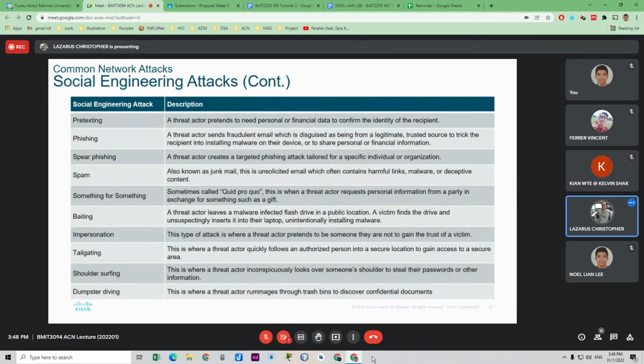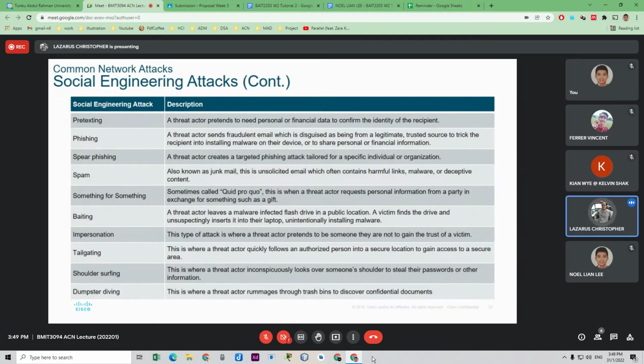This is what a lot of financial institutions and authorized organizations also officially do. They seem like an authority, they want to confirm the identity of the recipient, then they ask you for personal details. So unknowingly, you already give some of your personal data that can be used for further attack later.